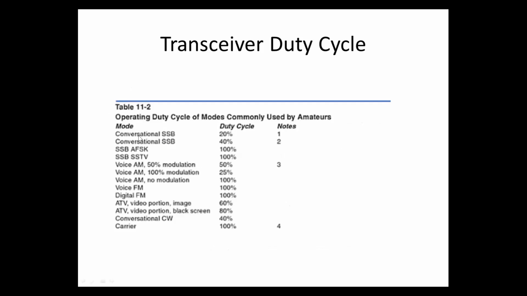This is out of the book, talking about duty cycle. As you use this more, you'll probably need to know some of this for some of the questions, but it'll make sense the more you use it.